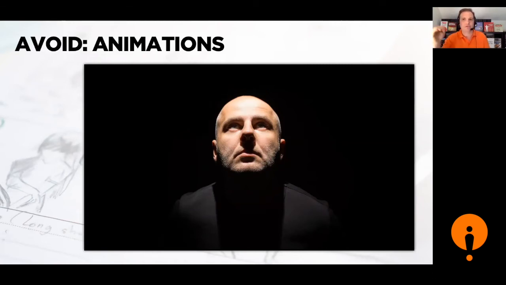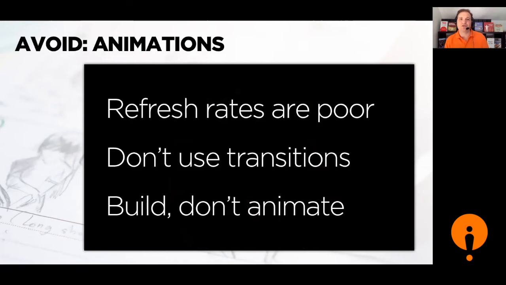It probably went tuk, tuk, tuk, like it was in stop motion. And so this is one of the reasons why you should not use animations. Refresh rates are not very good. On your screen, you might have a refresh rate of like 50 times a second, or 50 hertz, or even 100 hertz. They won't have that at the other end. So because the refresh rates are poor, it's better not to use those animations.